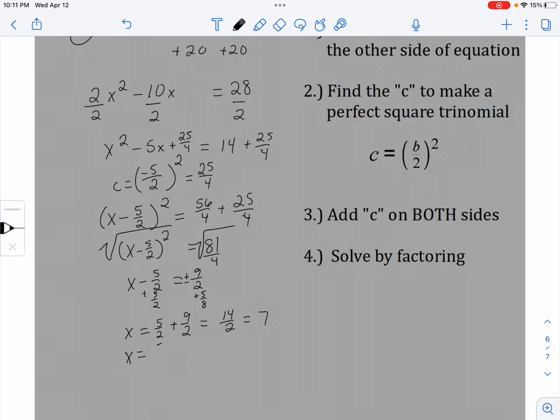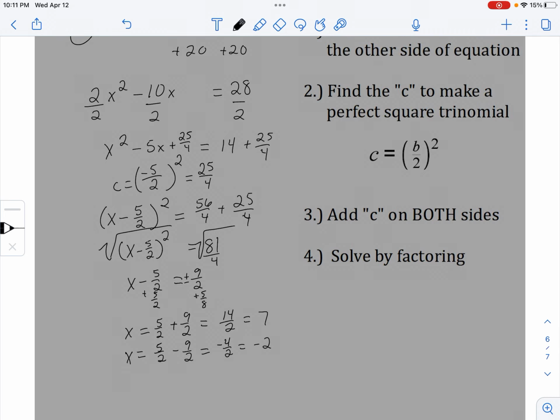Or x is equal to 5/2 minus 9/2, which is equal to negative 4/2, or equal to negative 2.